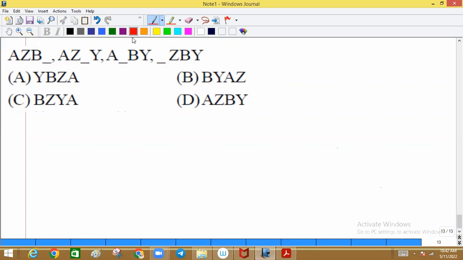What is the answer? Already he divided into 4 blocks. So he has done almost everything.